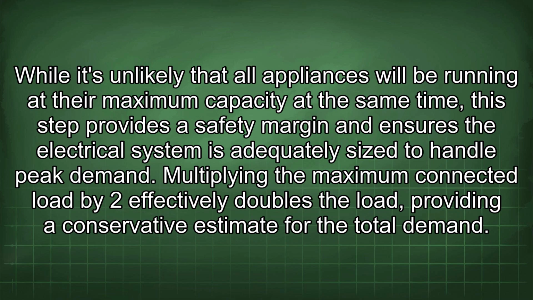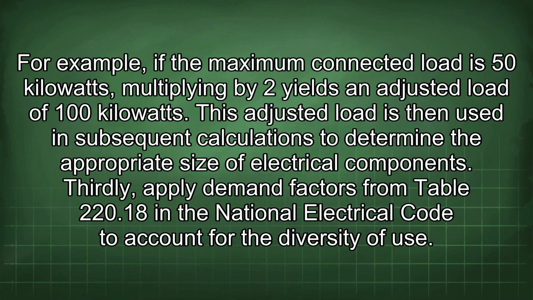Multiplying the maximum connected load by 2 effectively doubles the load, providing a conservative estimate for the total demand. For example, if the maximum connected load is 50 kilowatts, multiplying by 2 yields an adjusted load of 100 kilowatts. This adjusted load is then used in subsequent calculations to determine the appropriate size of electrical components.